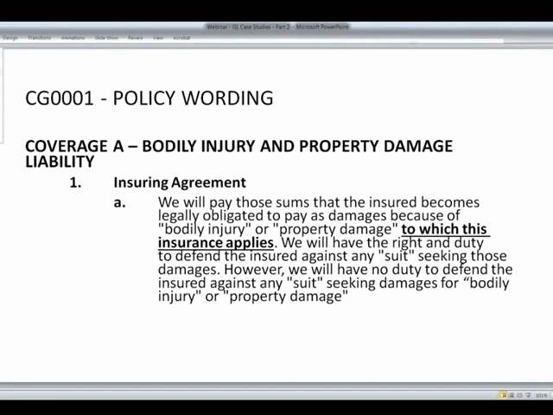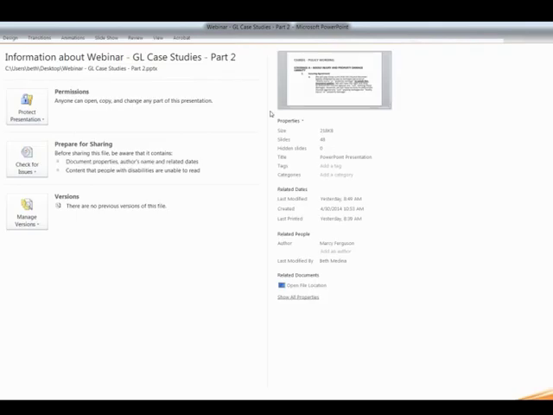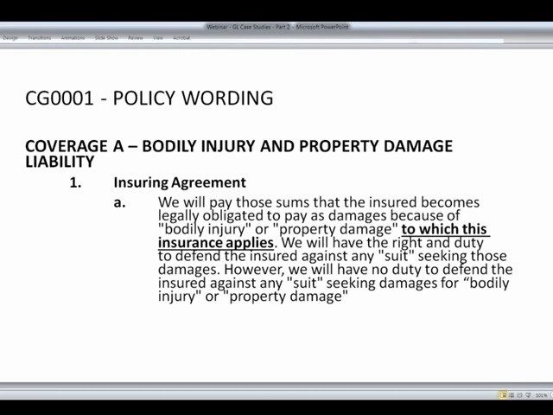In the absence of a limitation of classification, the policy will cover everything the insured does, whether you know about it or not at policy inception, except for material misrepresentation. So we have to look at these 2 elements to determine whether the GL policy has a responsibility to pay or not to pay: the exclusions in the policy and any endorsements that are added that will take coverage away.